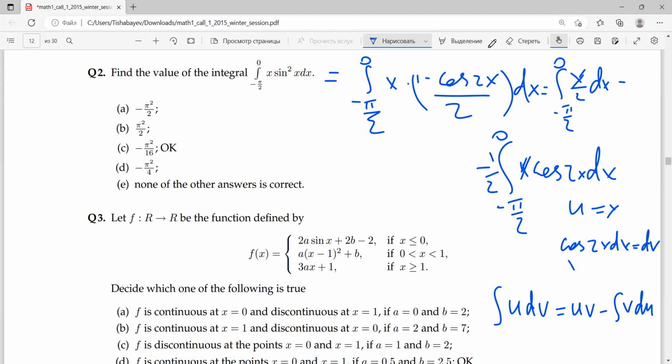And here v is equal to 1 over 2 sine 2x. That's it. You just put in the limits again. If it is a definite integral, it will be evaluated from a to b. Here again a to b. Is it clear? Second one? And you can get the result here.